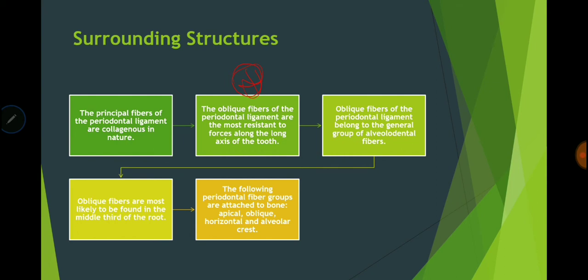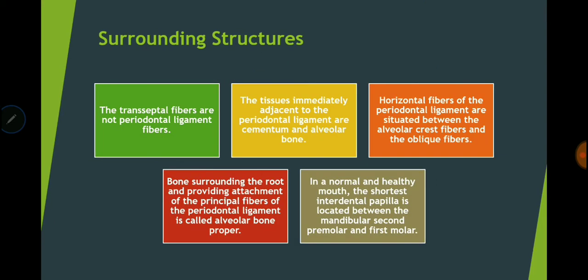So the periodontal ligaments that attach to bone are the apical fibers, oblique fibers, horizontal, and the alveolar crest fibers. They all attach to bone. Okay, so the interceptor fibers do not attach to bone. Transseptal fibers are not periodontal ligament fibers. Okay, remember that, because periodontal ligament has to attach to bone.